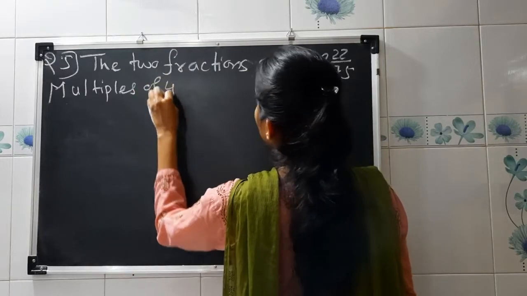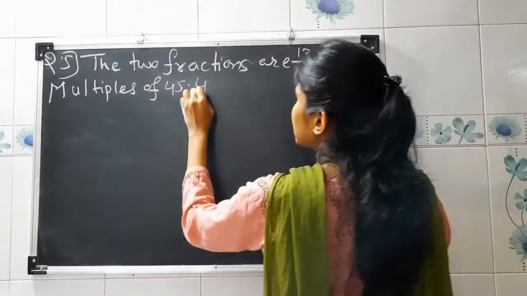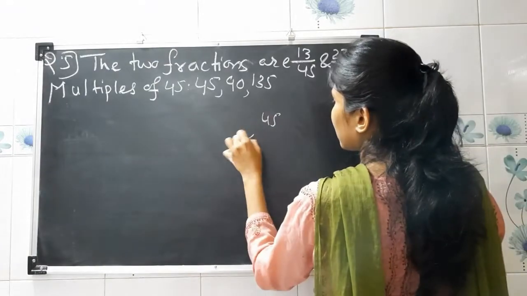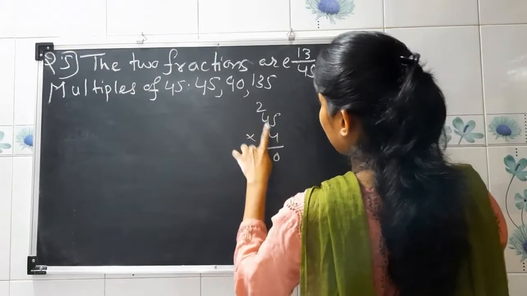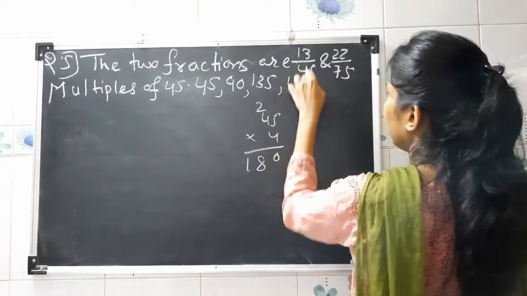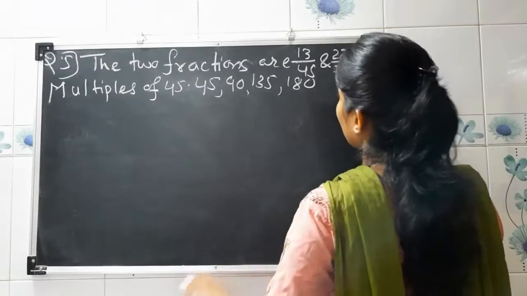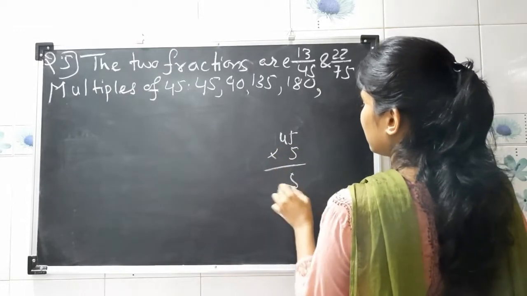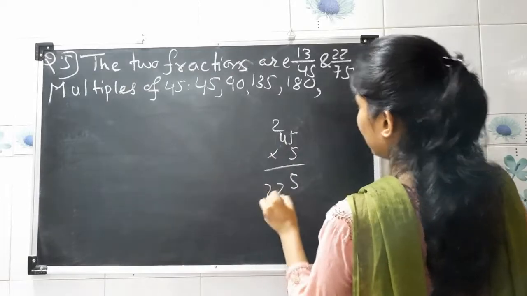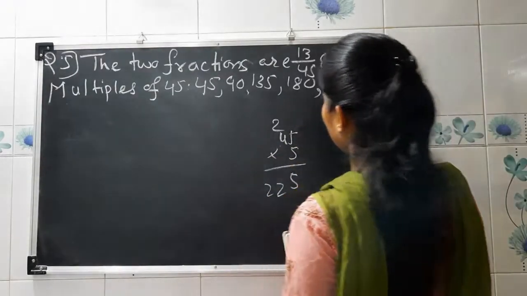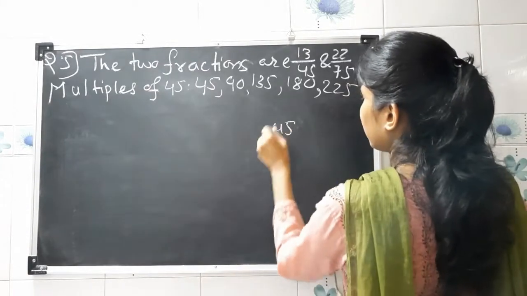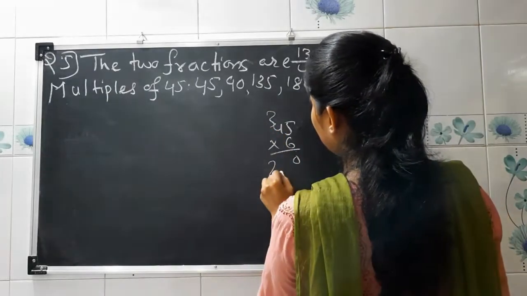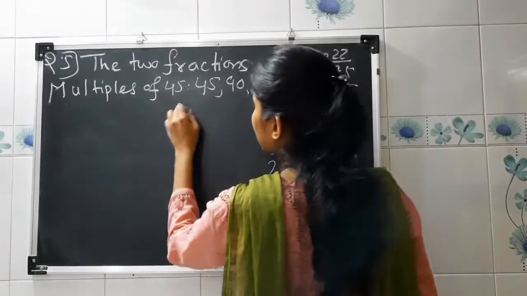Multiples of 45. 45 ones are 45, 45 twos are 90, 45 threes are 135, 180, 45 fives are 225, again 45 sixes are 270.